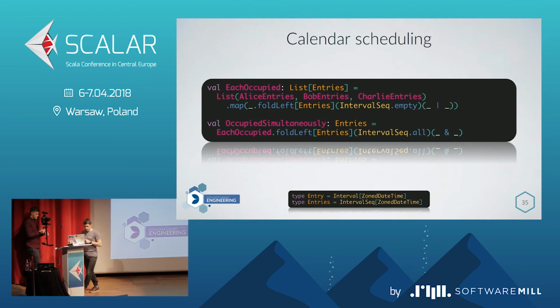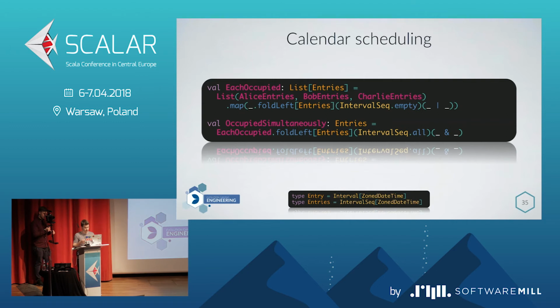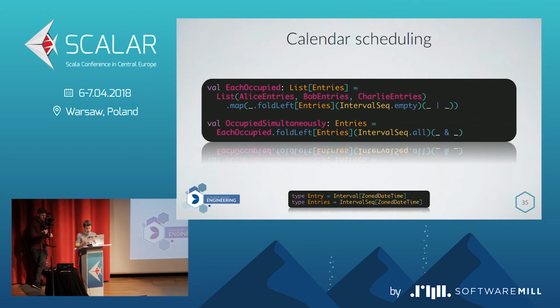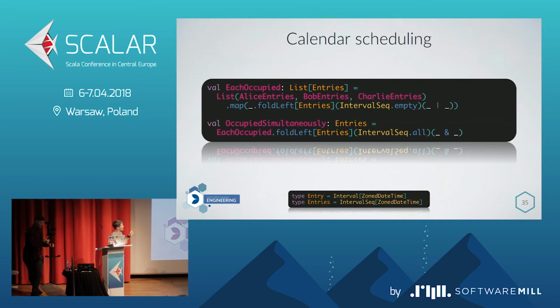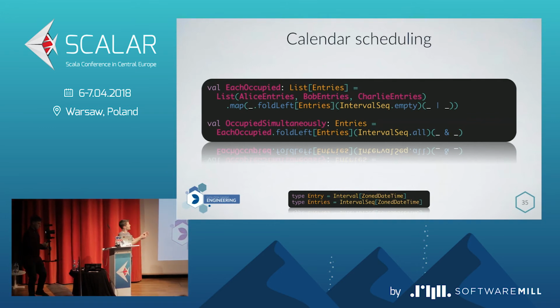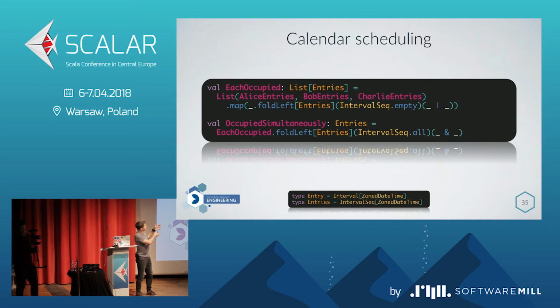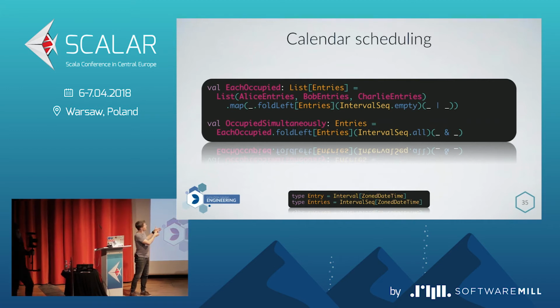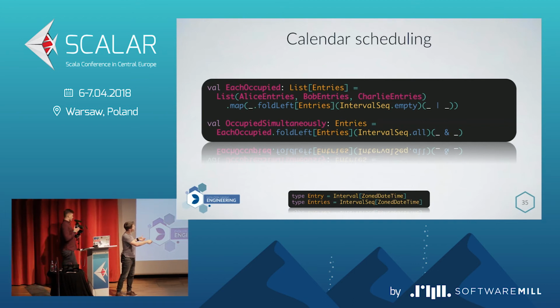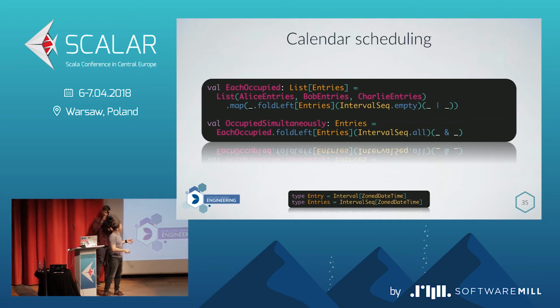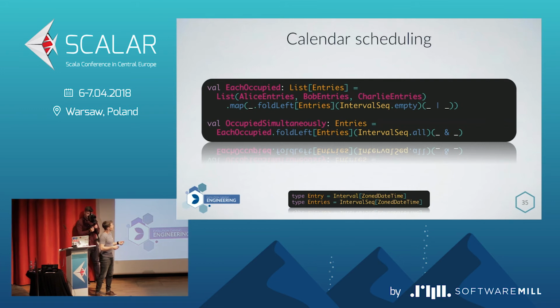So here we'll again compile a set of periods where all people are working, but we'll not merge them into a single one, but instead we'll build an interval sequence for each person. So here again, for each of these guys, we build a set of their working entries.